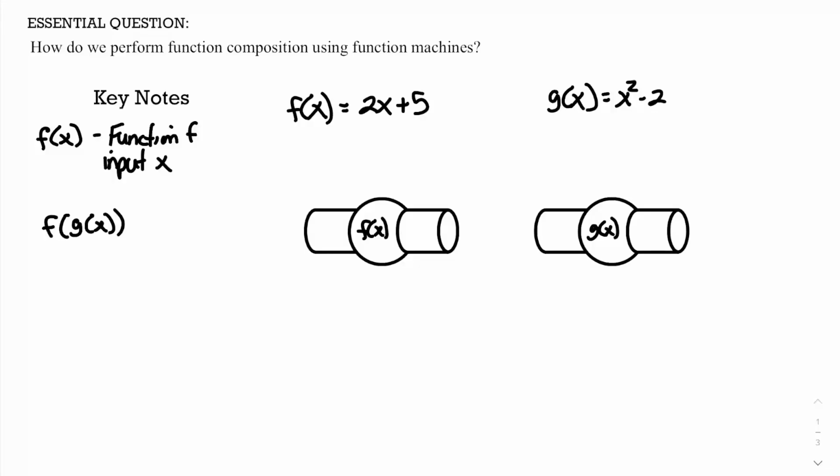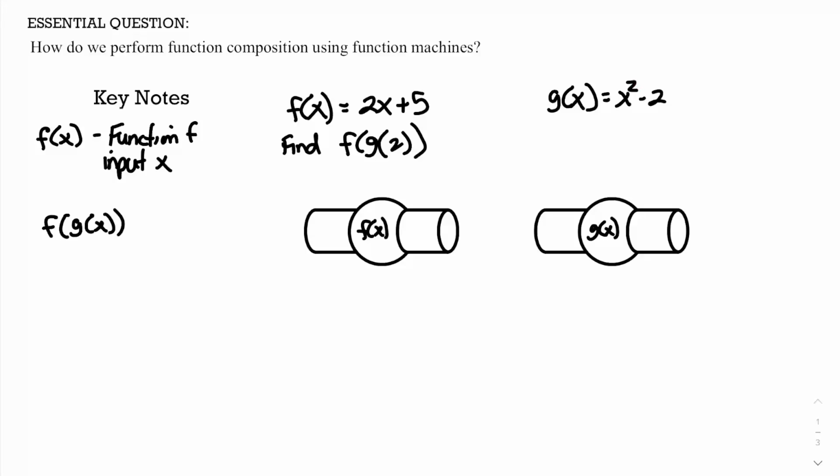And we want to find f of g of 2. So what this means is we're going to take 2 as an x value, and plug it into function g.